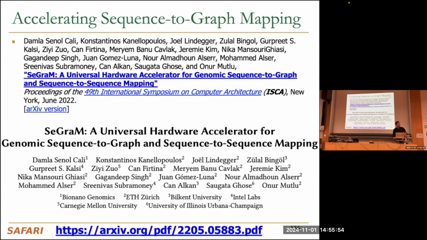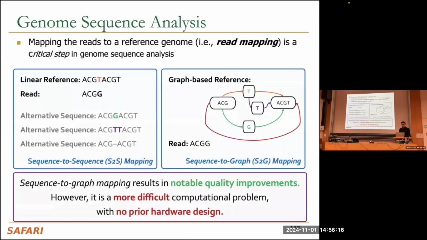So remember, as I showed you earlier, we mainly use a single reference genome, but there are certain caveats to it. So the question is, then, can we use graphs? We know that we can use graphs. The next question is, what are the computational issues, and can we accelerate them? So SAGRAM focuses on these issues to accelerate the sequence to graph mapping.